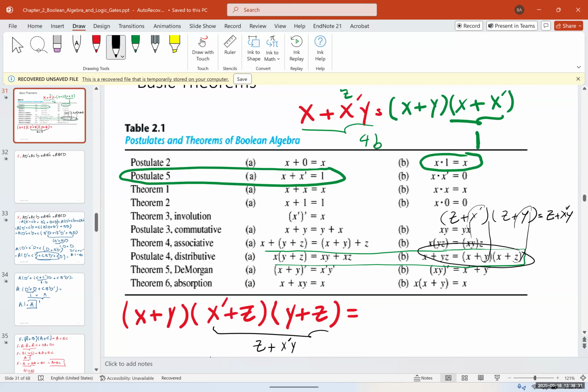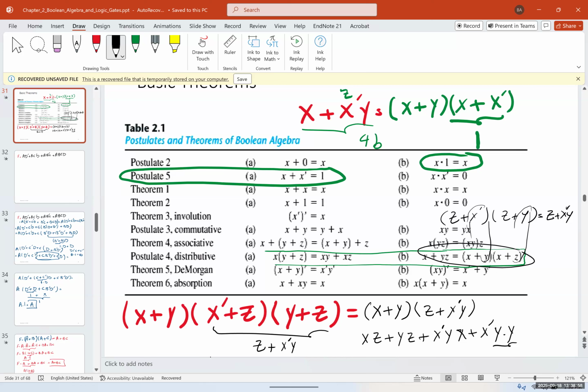Okay, and I can write this like x plus y times z plus x prime y. Now I can multiply them. This is going to be xz plus yz plus x prime yx plus x prime y y.